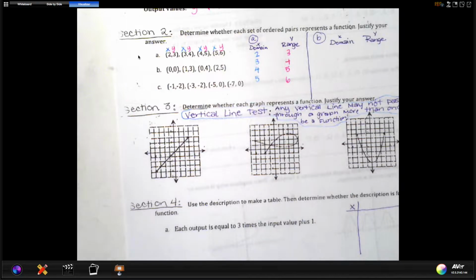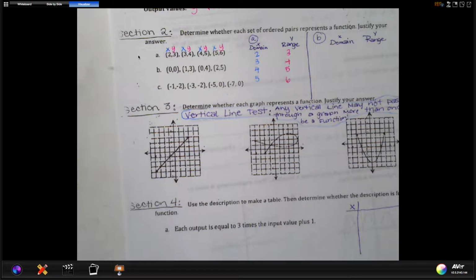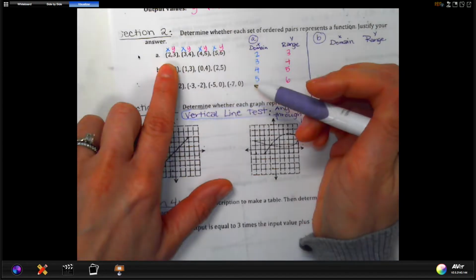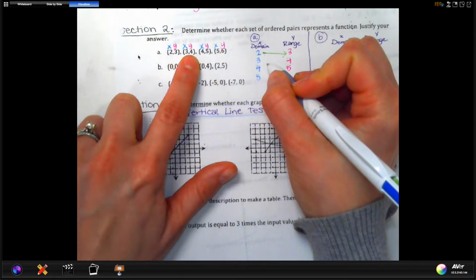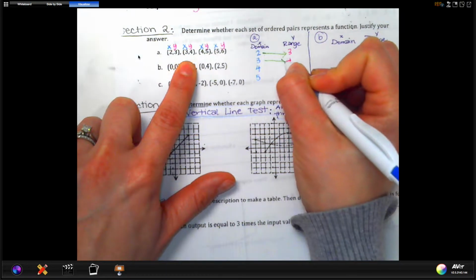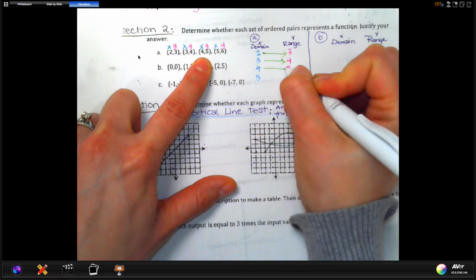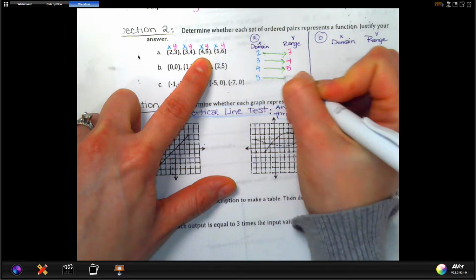And what you do is you make the arrow diagram to determine whether or not it's a function. The arrows look like this. 2 maps to 3, and you make an arrow. 3 maps to 4. 4 maps to 5. And 5 maps to 6.